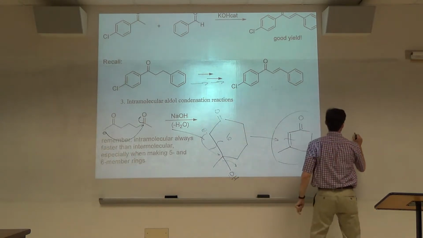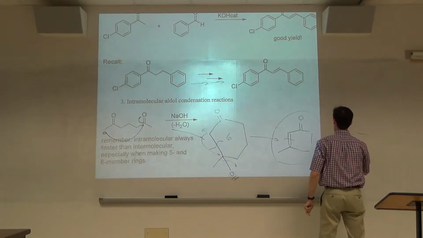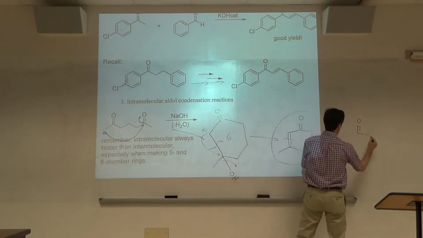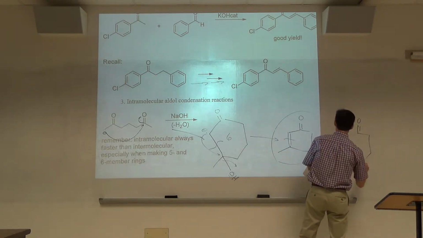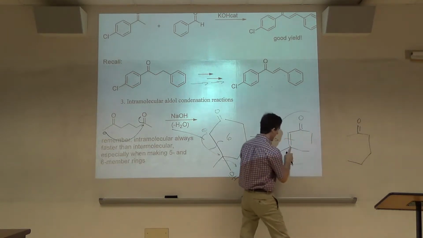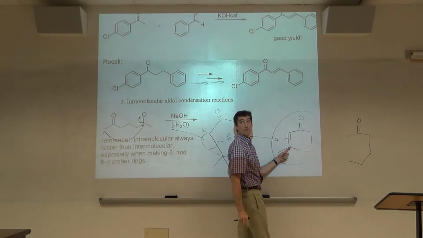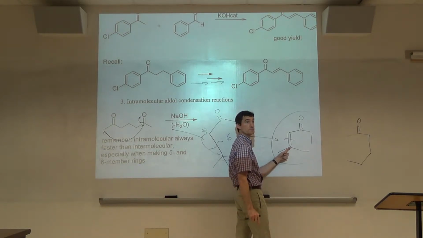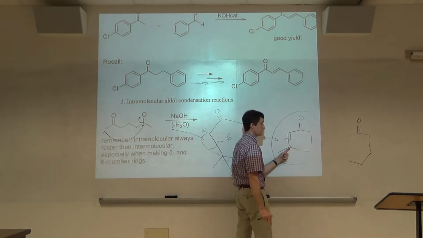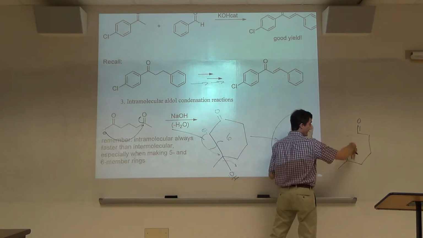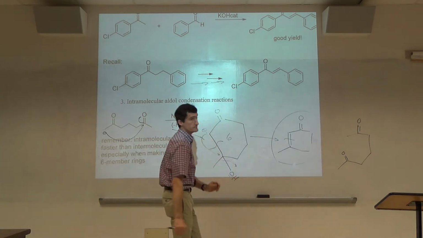So we can break this down into this enolate carbon. And this carbon down here was originally what? What's the other component of the aldol reaction? Enolate and carbonyl. So we can break that down into carbonyl. And if we break it down, we get back what we started with.